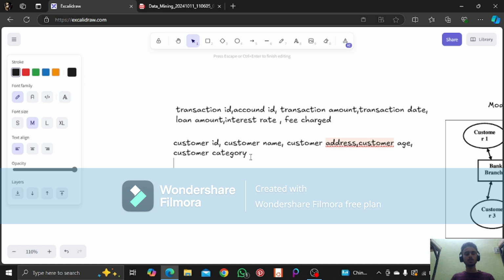The account dimension basically stores information about bank accounts, including account type, branch, and status. So the account dimension includes account ID, account type, account status.